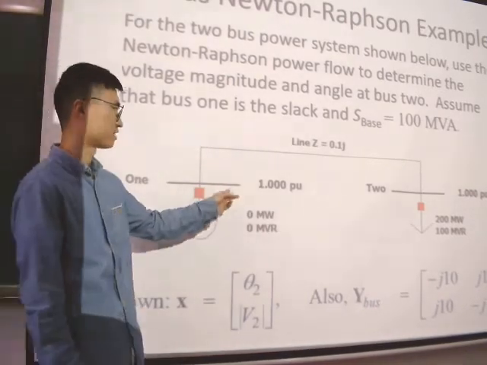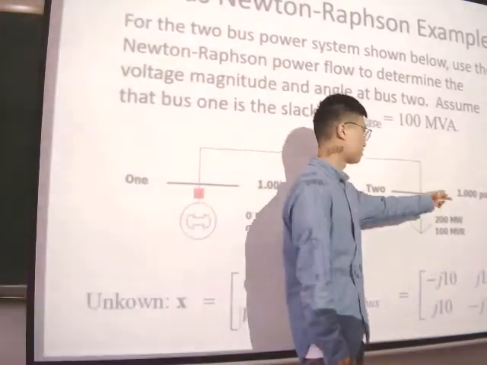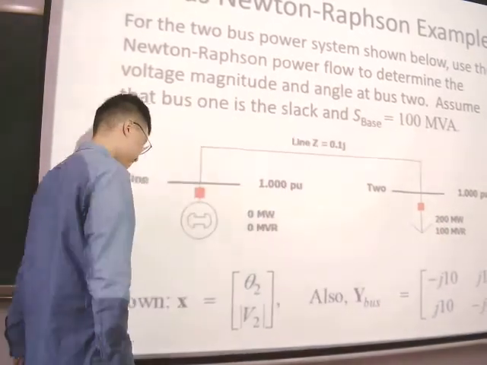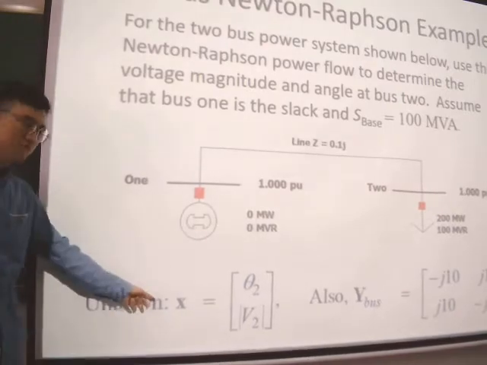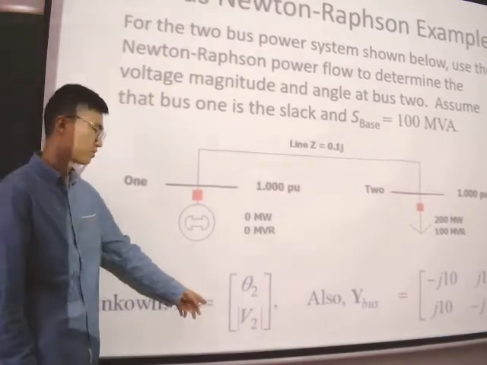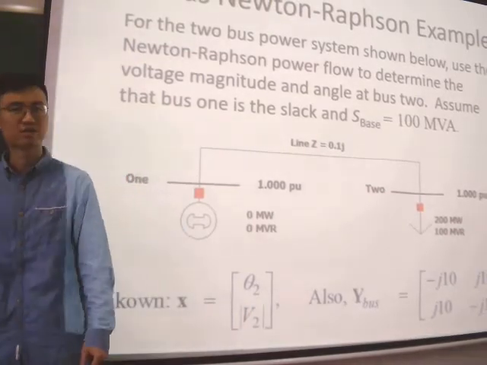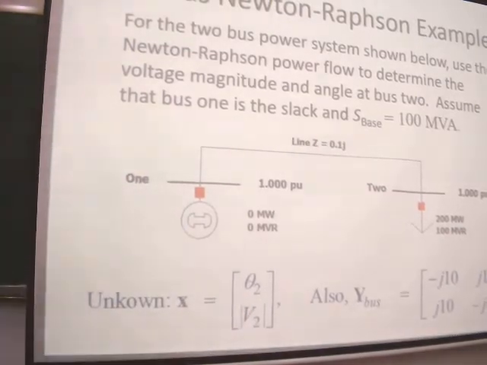Here is 1 per unit, 1 per unit, and this is 1. The unknown vector x is theta 2 and the magnitude V2, right?